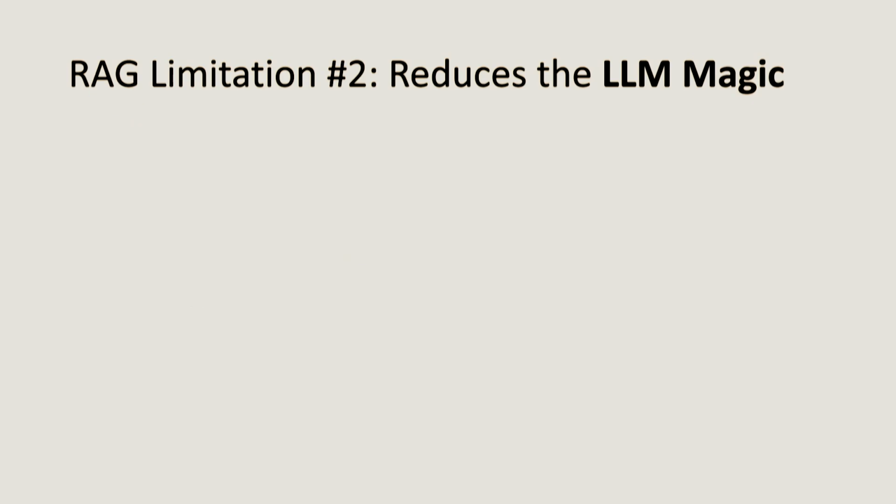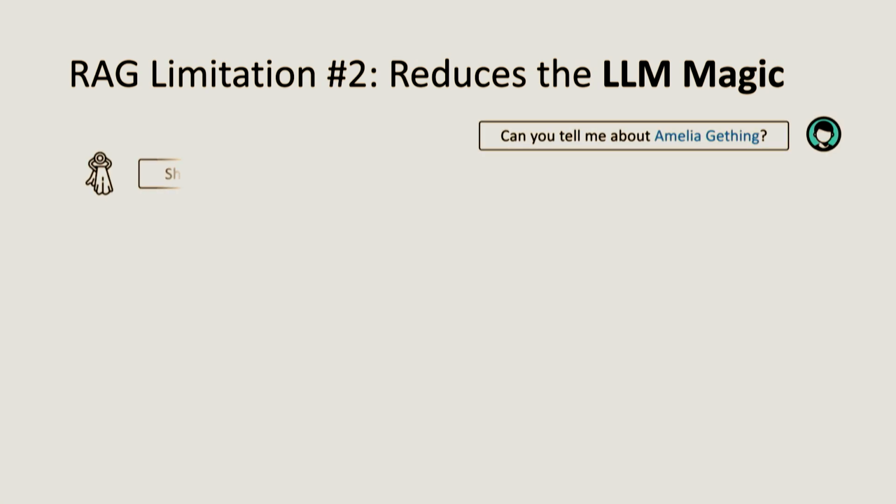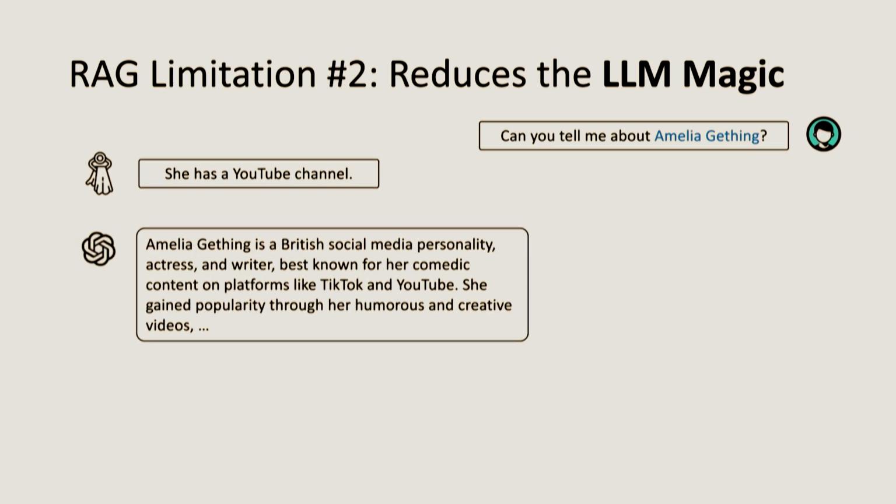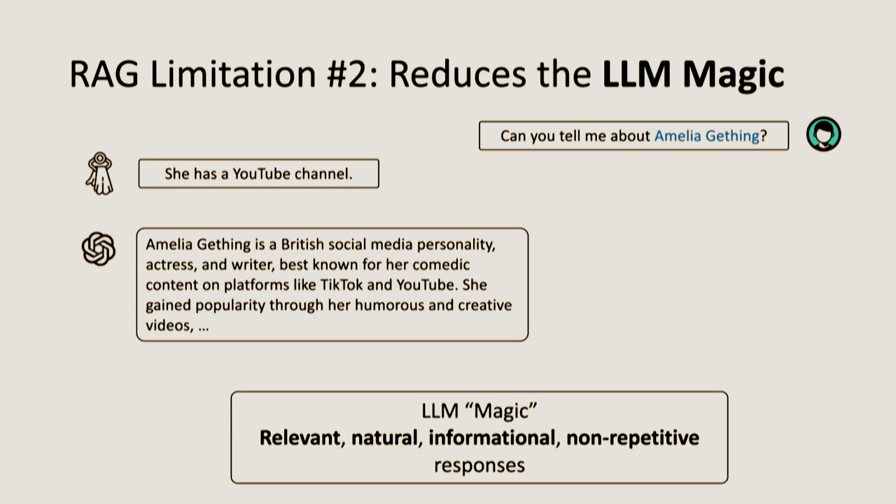We identified that another source of limitation in this case is not necessarily hallucination. If you just rely on RAG systems, you lose some of what I call LLM magic. If you just remember how it felt the first time to talk to ChatGPT, you ask it something very simple and it doesn't just answer what you asked for, but also is able to understand what you're interested in some ways, and give you very natural and very relevant information without repeating itself.